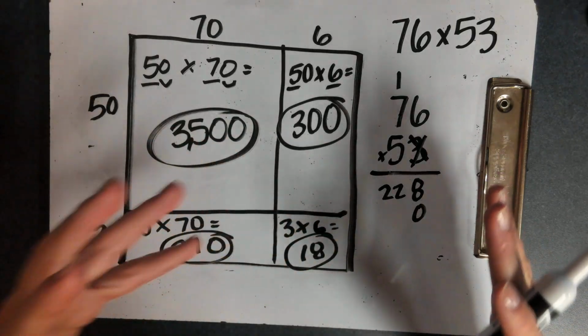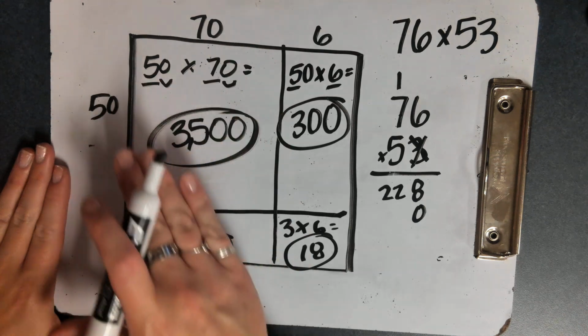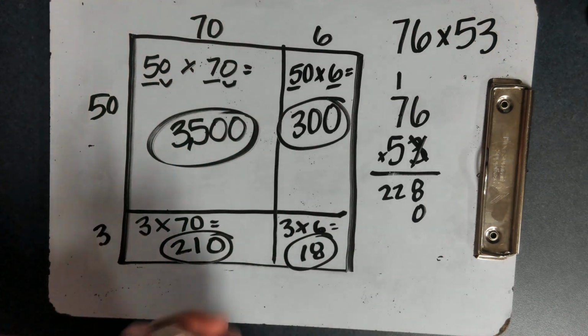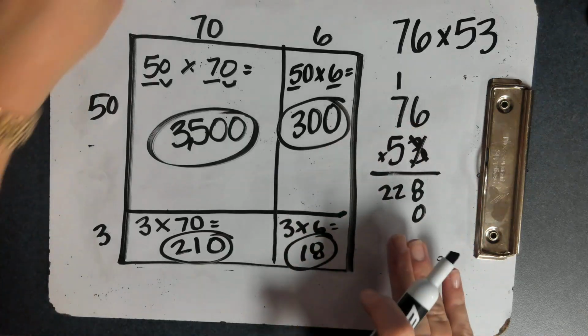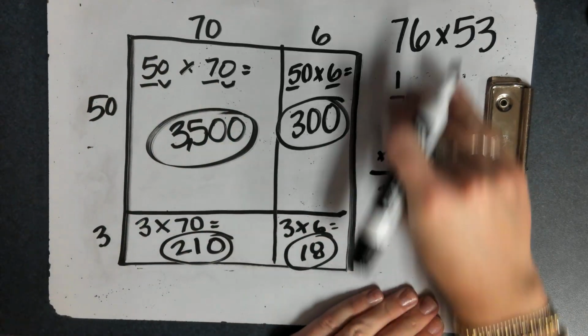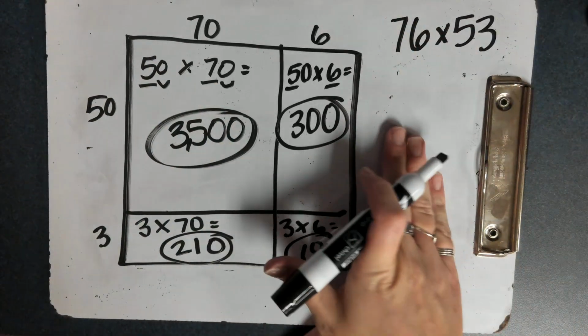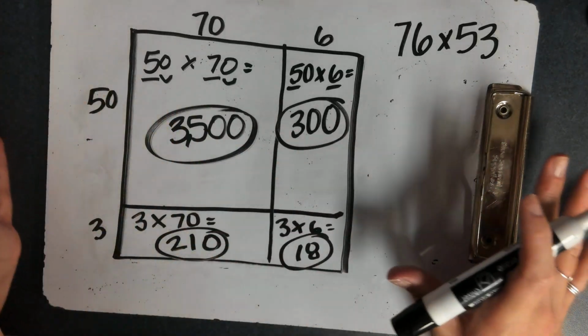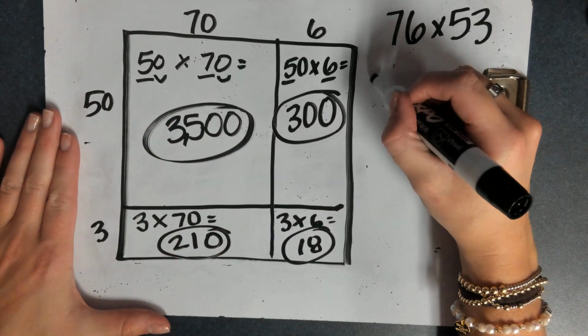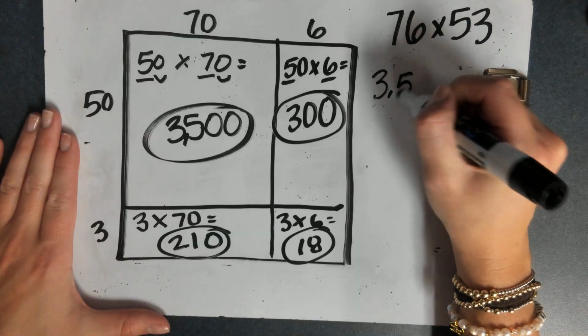This, however, is all kind of quick and complex, as opposed to something like this that's more concrete and representative of where the value of these digits come from. So I'm going to discontinue this. However, I do want to say that standard algorithm is not bad. I don't want you to absolutely just move away from it.